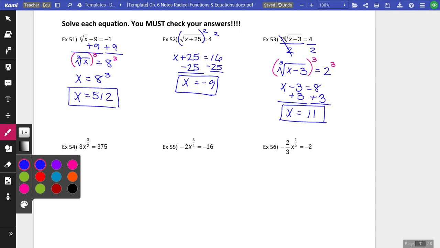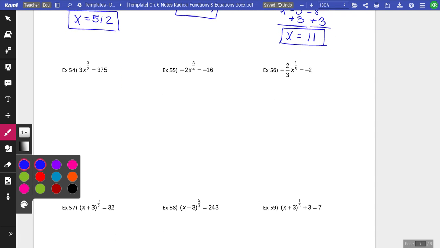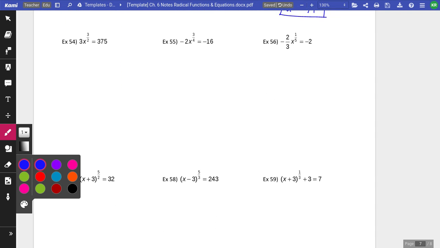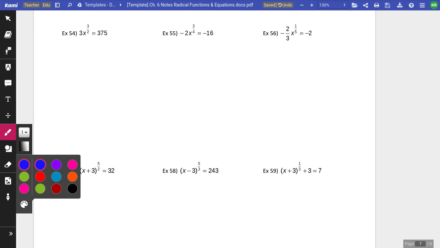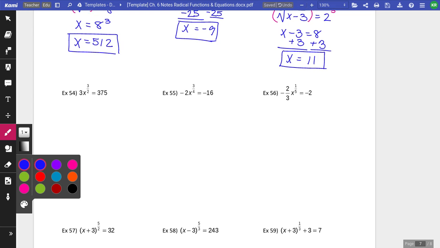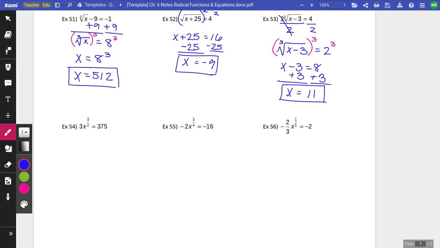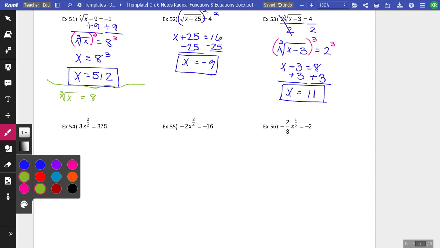you're going to use. Okay, now with 54 and these next set of equations, these are going back to the rational roots that we had talked about earlier in the chapter. Okay, let me back up here for just a second, and I want to show you something. Back up at this statement right here, cube root of x equals 8.